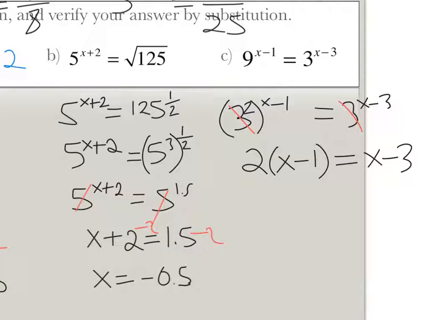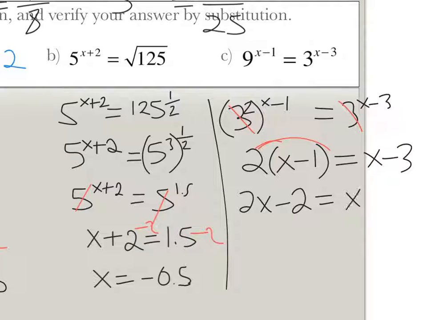Now what would I do if I want to solve this and figure out what x is equal to? Expand, yeah. So I'm going to expand. I get 2x minus 2 equals x minus 3. Okay, and now what?